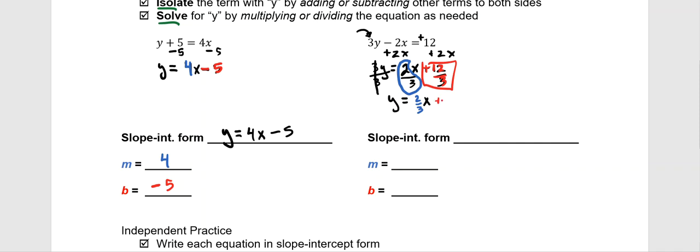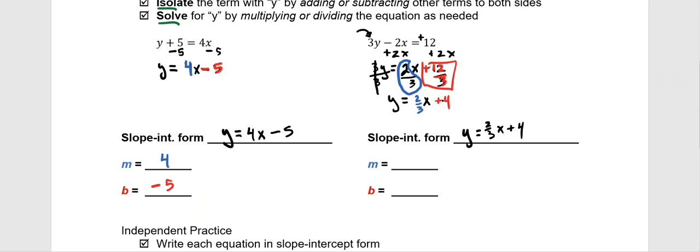And that's simply going to become plus 4. So through isolating and solving, we have gotten our equation into slope-intercept form, which in this case would be y equals 2/3 x plus 4.